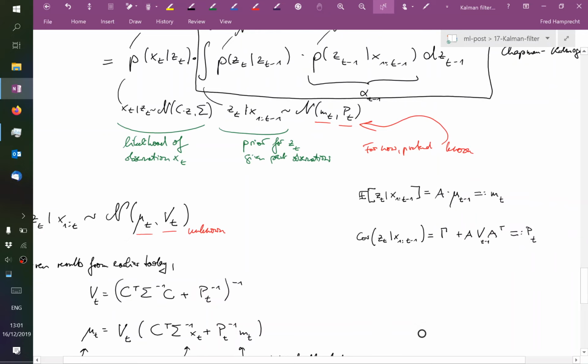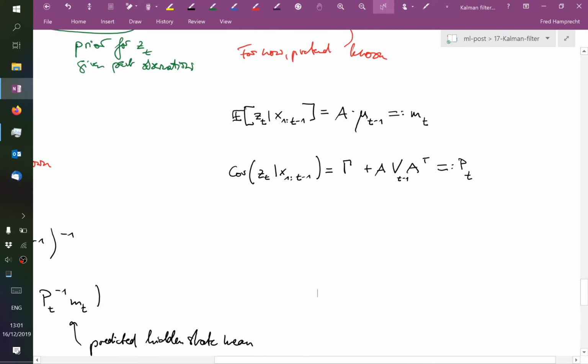Namely, it says the covariance of my new hidden state estimate, given only the past observations, is my old uncertainty projected into the present with the model noise added. That's what we see here. And the expectation is just the propagation forward of the previous estimated mean of my hidden variable.